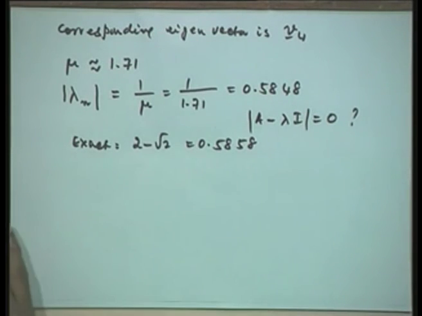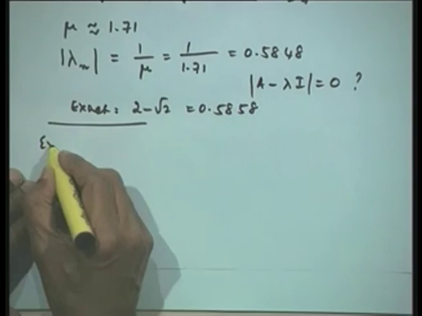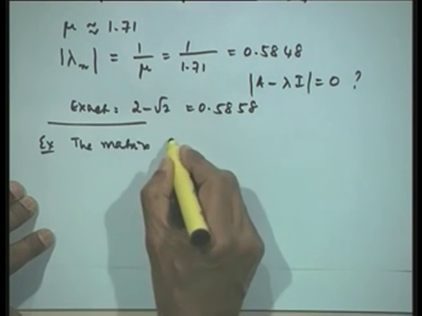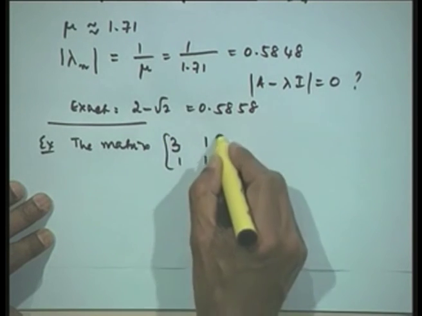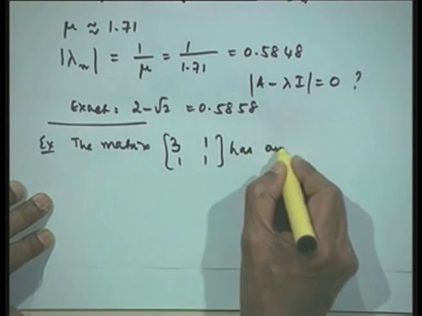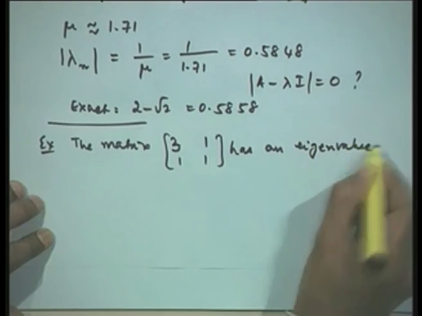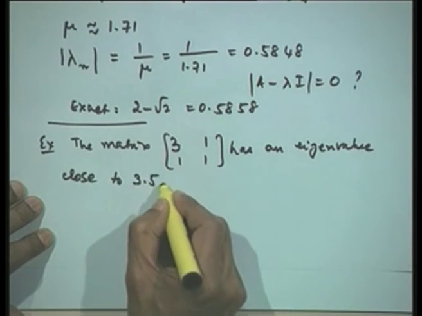Now, let me close this up with one simple example, which you can complete. Let us consider the following example. The matrix 3 1 1 1 has an eigenvalue close to 3.5.